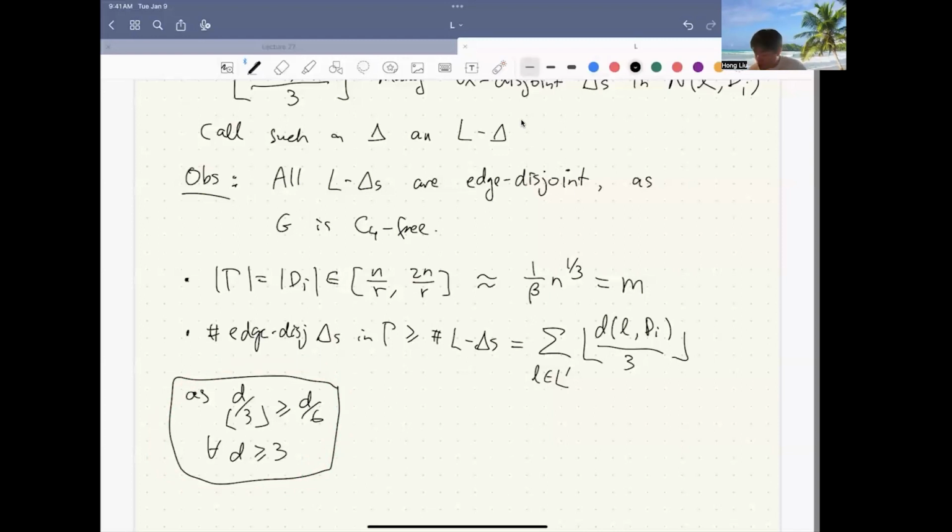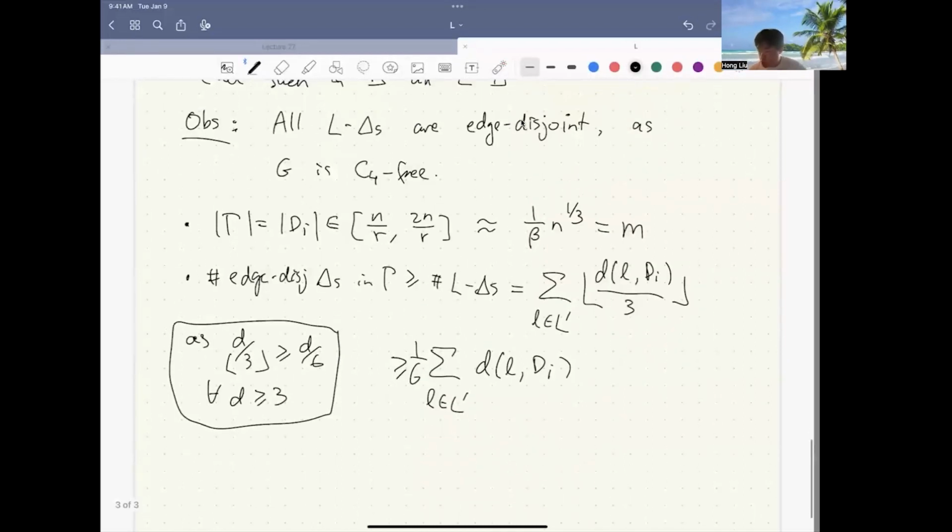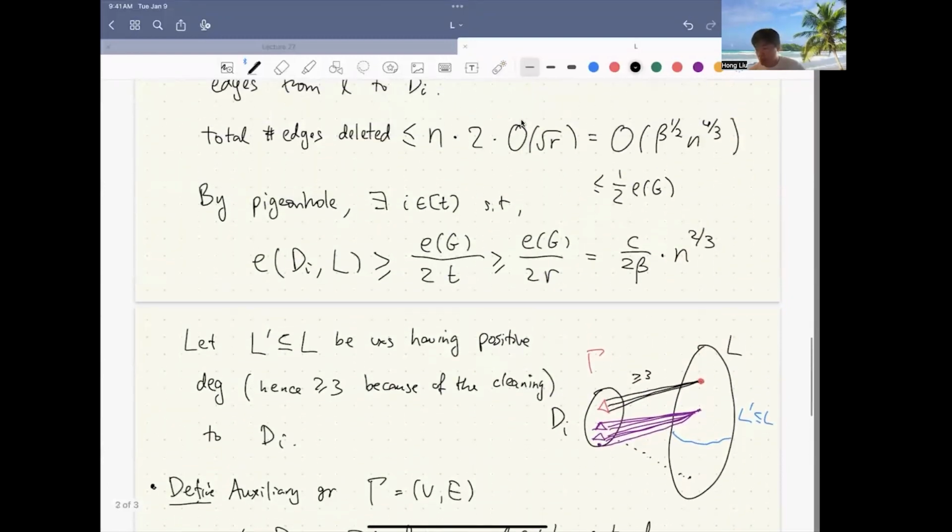We have this is at least the sum over L in L prime of 1 over 6 dL in DI. But what is this? This is the number of edges between DI and L prime. Wait a second.